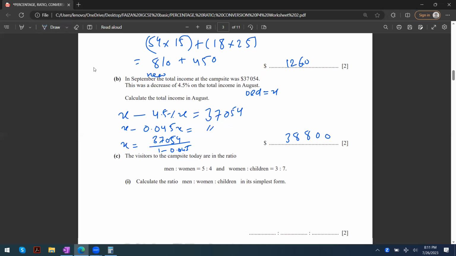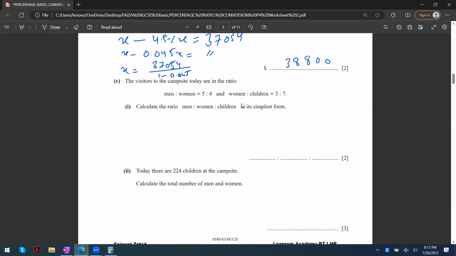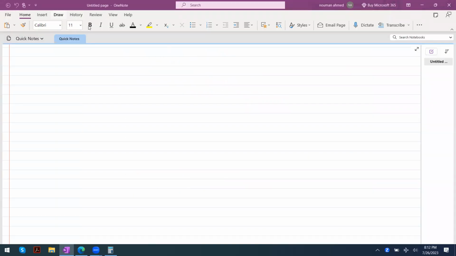Okay, C part, you need to pay a lot of attention. This one is a little different kind of question. We haven't done this before. It's a new method which we are going to do. A little tricky.